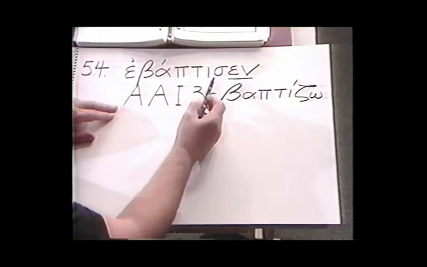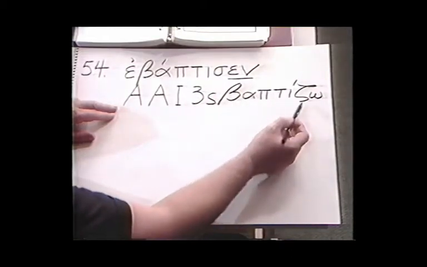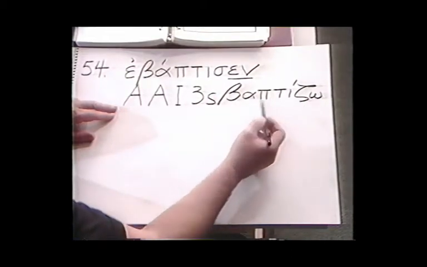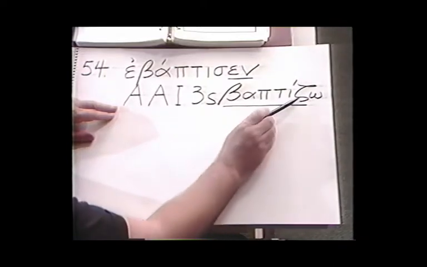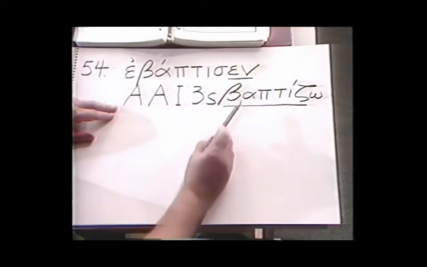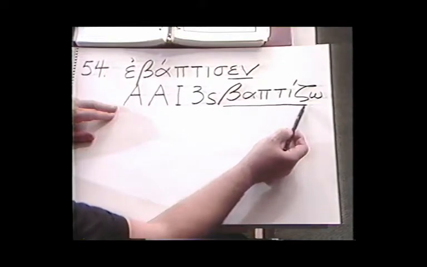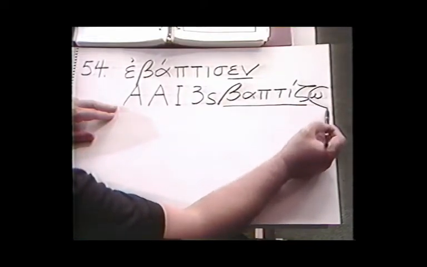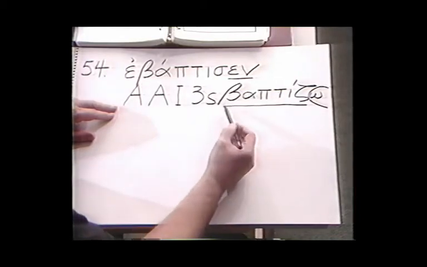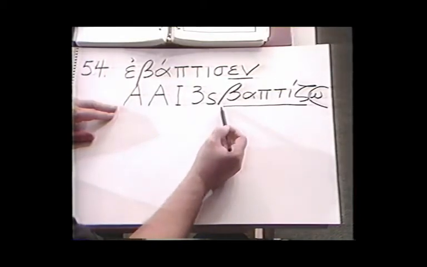Now, I wonder what has happened to the zeta in this verb. You see, the present tense stem of this verb ends in the consonant zeta. Again, how do we get the present tense stem of a verb? We take the lexical entry, we take the personal ending and remove it, and what we're left with is the present tense stem.